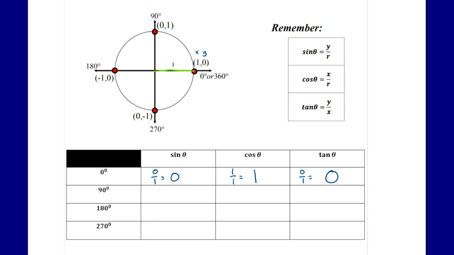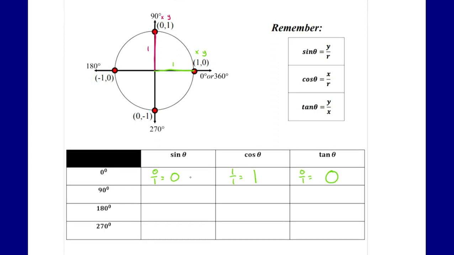For 90 degrees, so from origin to the top, again, it's a radius, so that r value is going to be 1. My x is 0, my y is 1.